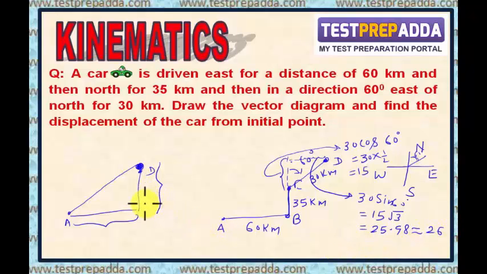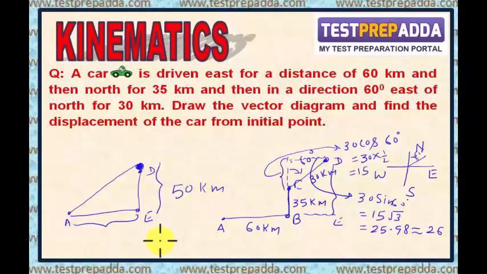If I consider this as E point, what will ED be? This ED will be 35 plus this 15, so ED will be 50 kilometer.